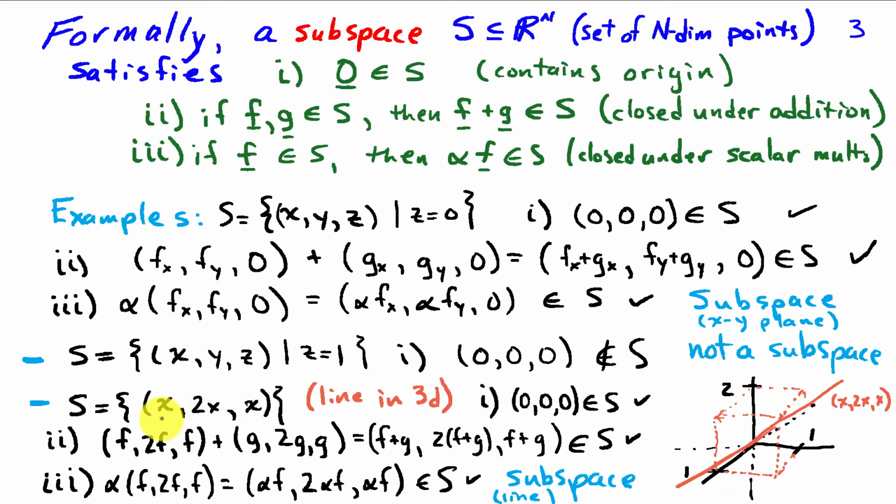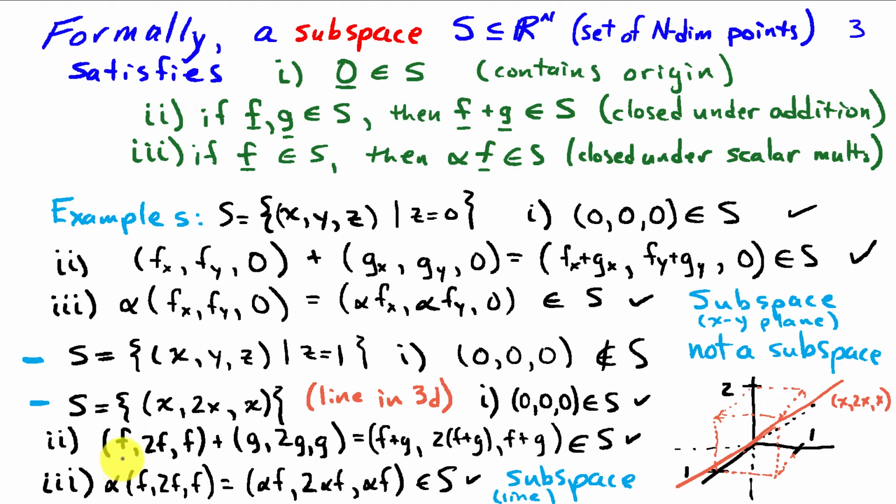I'll take one more example in 3-dimensional space. Suppose we define the set of points S as the triples x, 2x, x. If you graph this, when x is 0, we have 0, 0, 0, so 0 is in that space. When x is 1, we go through the point 1, 2, 1. Similarly, when x is minus 1, we go through the point minus 1, minus 2, minus 1. And this becomes a line running through 3-dimensional space.